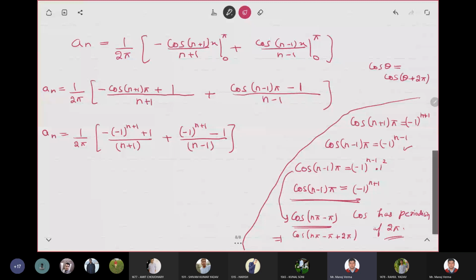Now what I can do is, from this expression I can simply take a negative sign common from the second term.